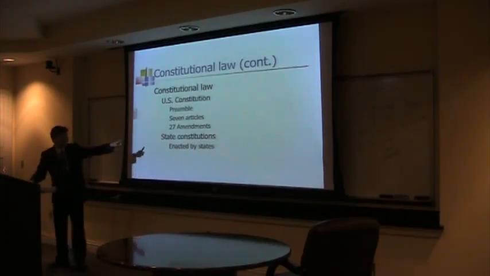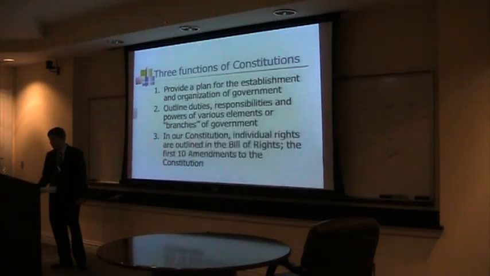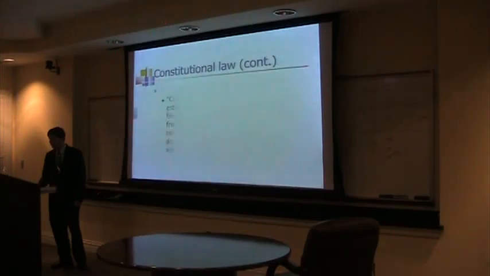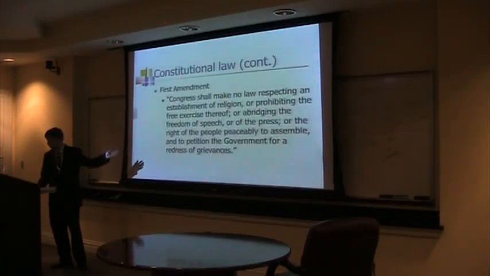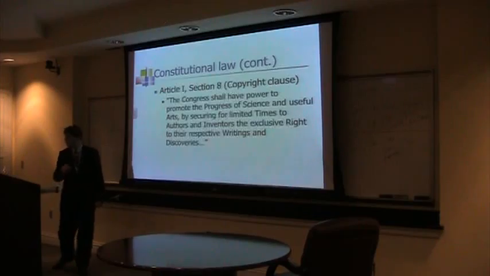And we said that the first 10 amendments are the Bill of Rights. We've got 27 amendments so far. Just some note-taking about the functions of the Constitution, which we've already talked about. There's the First Amendment, our beautiful First Amendment, which you will all know word for word very shortly. Just showing you some language from the Constitution, the Copyright Clause.